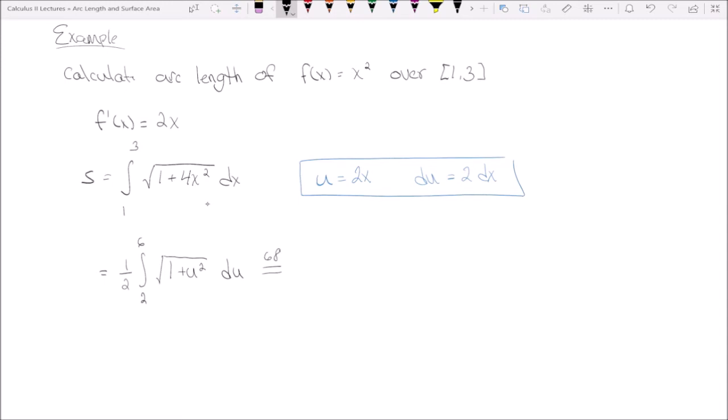That'll give us u over 2 times the square root of 1 plus u squared plus 1 over 2 natural log of u plus square root 1 plus u squared. And of course we want to evaluate that whole thing from 2 to 6.